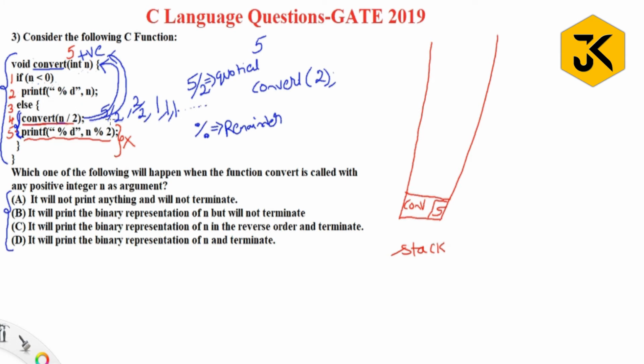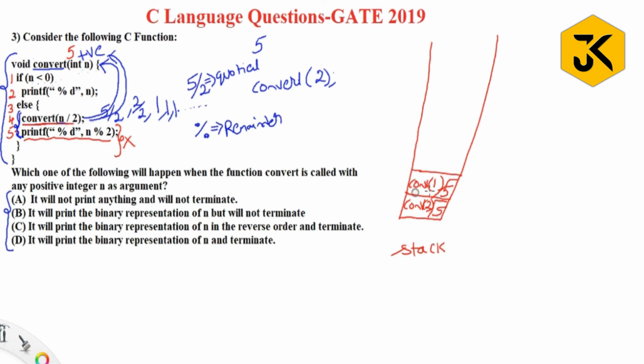You will get 2. So convert of 2 executes once again. 2 less than 0, condition fails, then it executes the else condition. Once again it calls convert of 2 by 2. 2 by 2 means 1. Once it completes this statement, only then will the fifth line statement be executed.